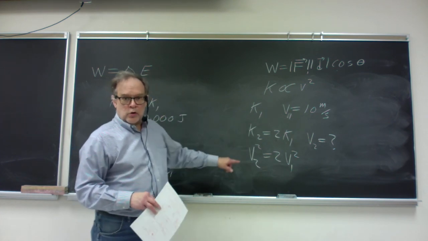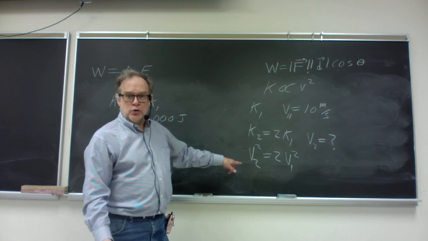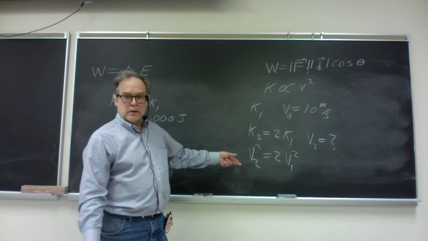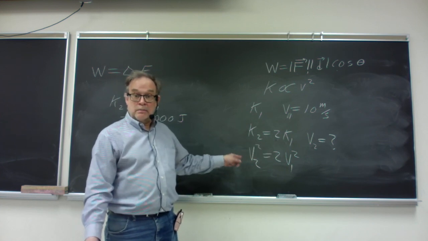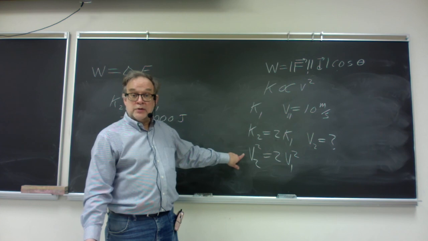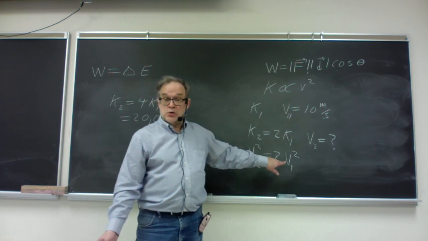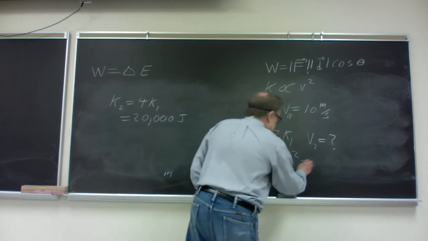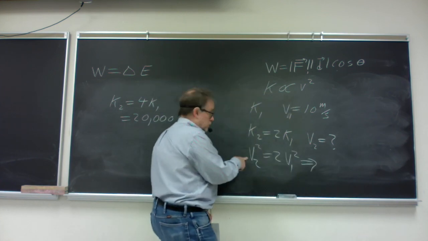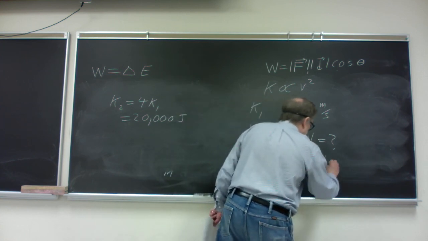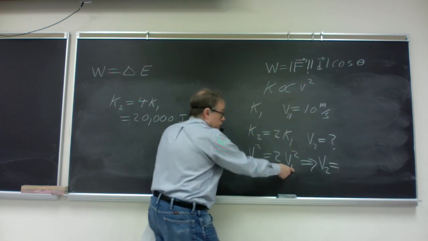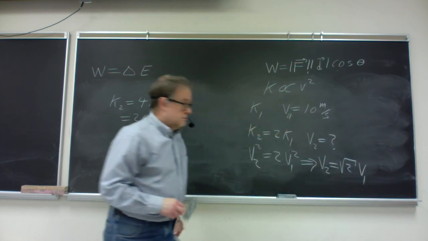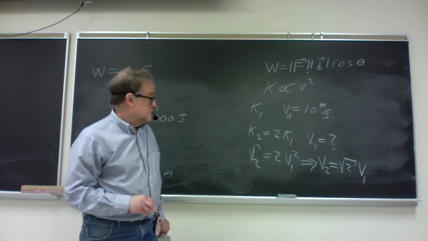But what we're looking for, of course, is the new velocity itself, the new velocity to the first power, v2 to the first power. But we can get v2 to the first power just by taking the square root of this. And of course we have to take the square root of the other side of the equation to keep both sides equal. So this implies that the square root of this, plain old v2, equals the square root of this, which is square root of 2 times the square root of v1 squared.